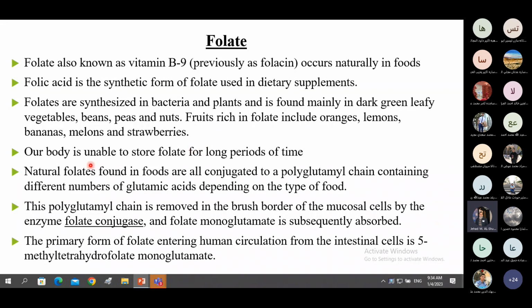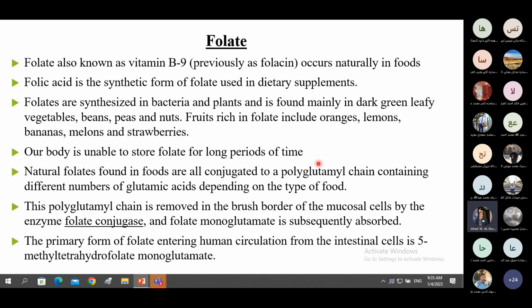Natural folate, or natural vitamin B9, is always naturally conjugated with glutamic acid or glutamate. This is why we call it a polyglutamyl chain. So vitamin B9 is always attached with what?